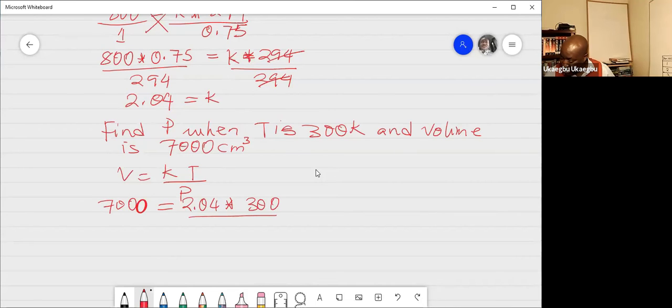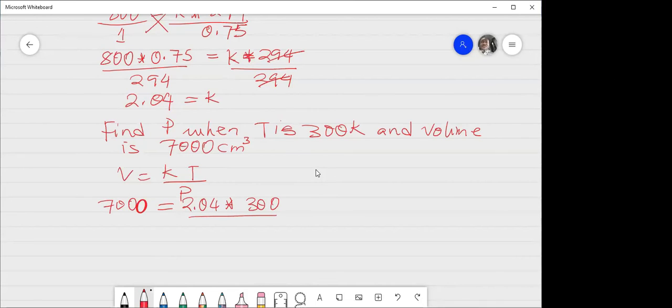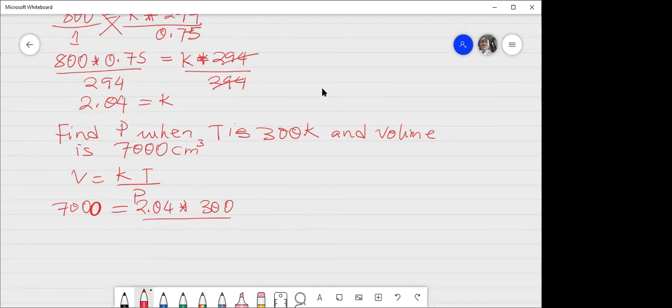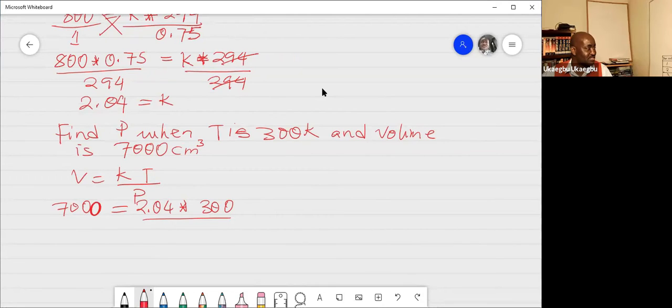And then divide by. Where did you get the 7,000 from? Yeah, 7,000 is given to us. It was in the problem. The problem says find the pressure when the temperature is 300 K and the volume is 7,000 cubic centimeters. So that's a given value.